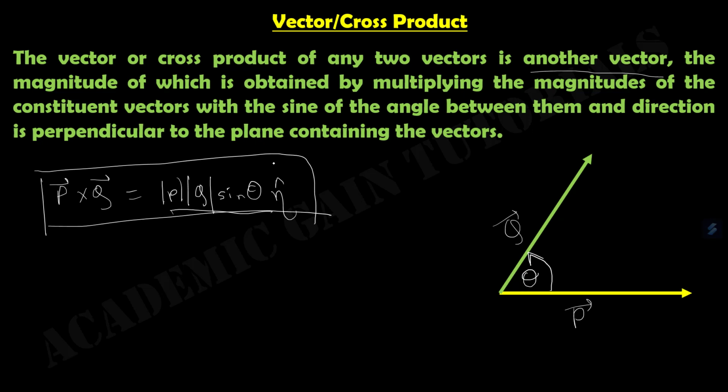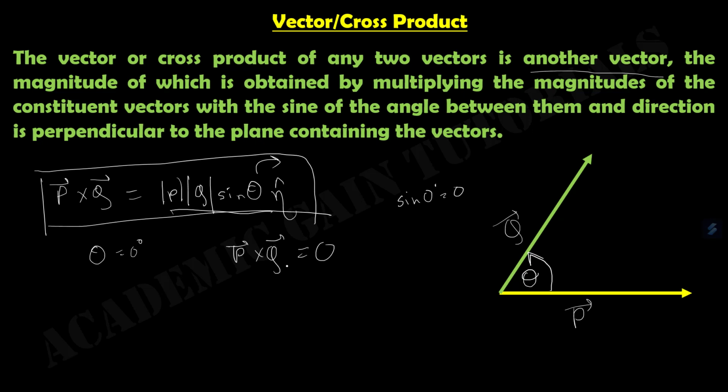Here we can find that theta plays an important role. For different angles, we'll get different results. So if theta equals 0 degrees, then P cross Q will be 0, because sine 0 degrees equals 0.